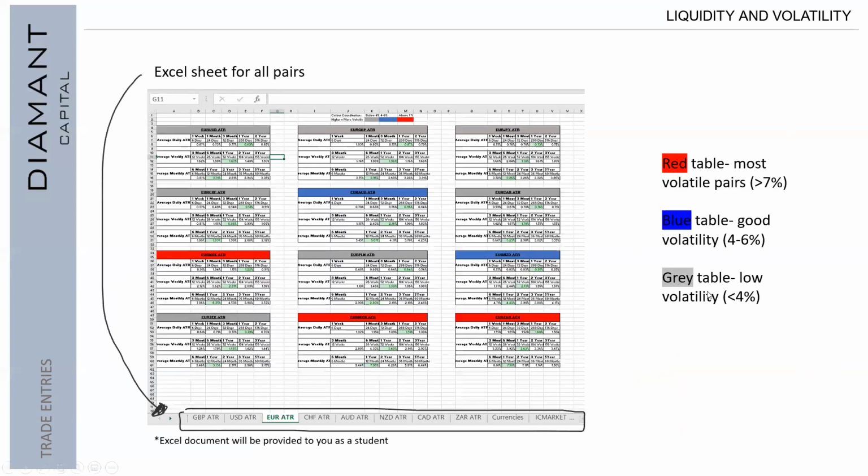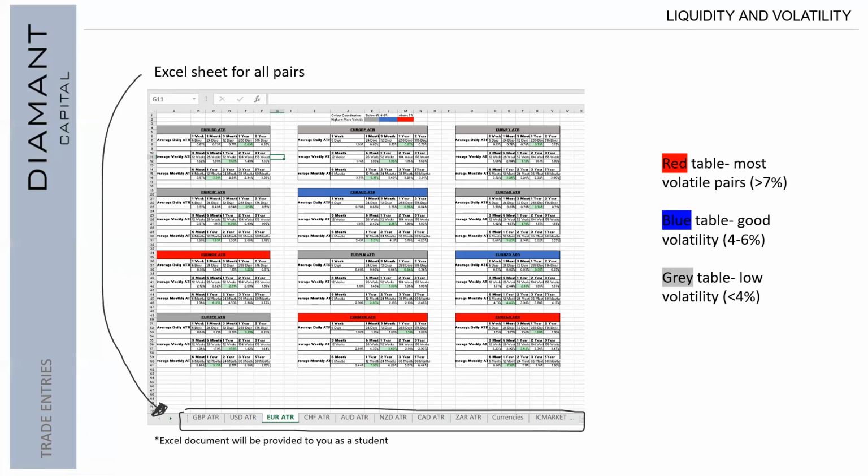So what happens when you compare it to everything else? If you can see, we've got this table here. We've got some labeled in red, blue, and then gray. The gray ones are the ones with much lower volatility. Usually we could look at the weekly or the monthly. Weekly is a good measure because on the daily, some days are going to have news events, so that might change all the data.